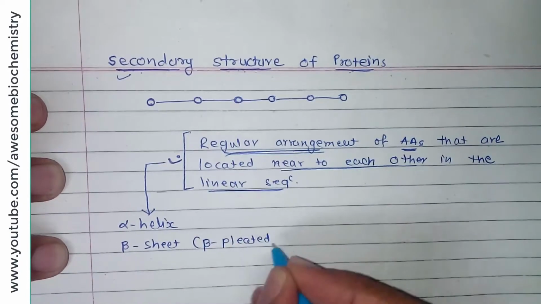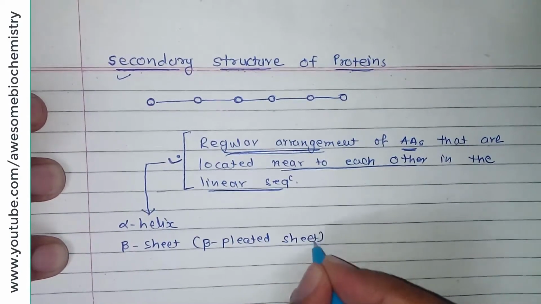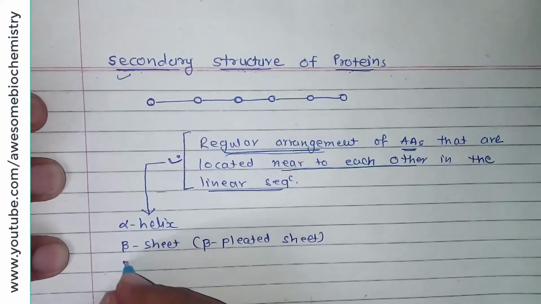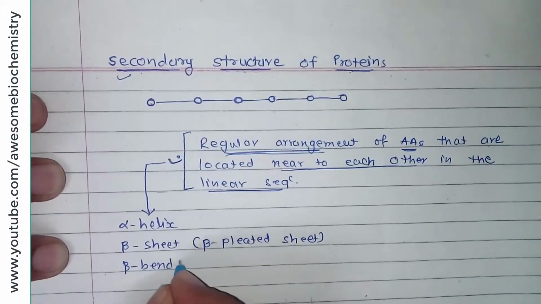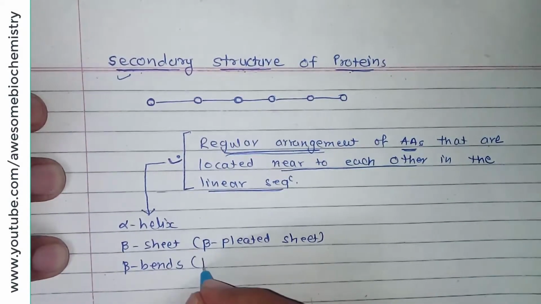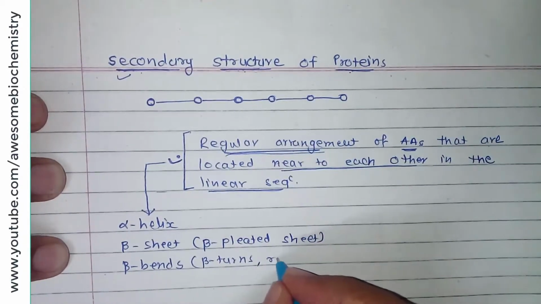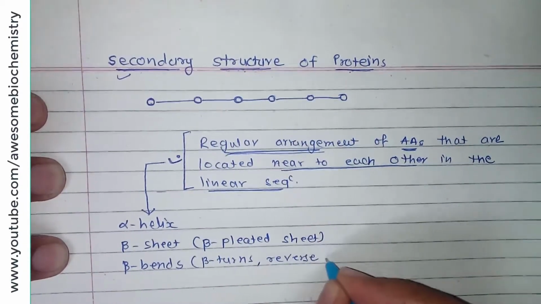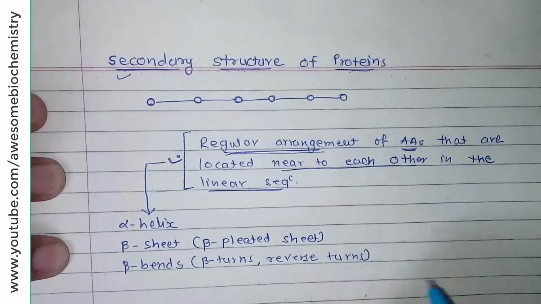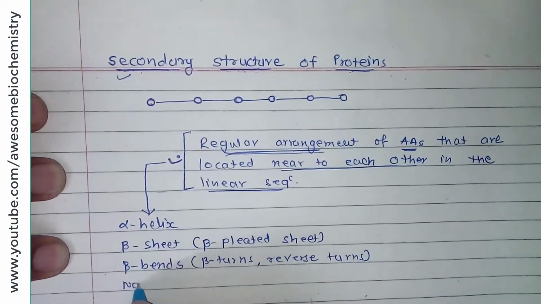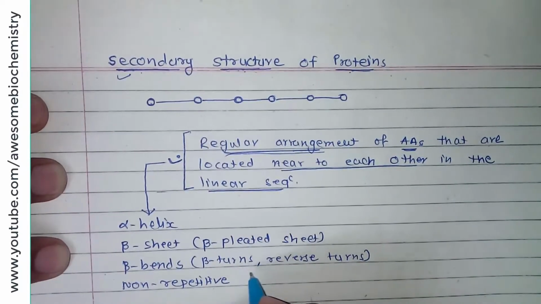The third type is the beta bends, also known as beta turns, or reverse turns. The fourth type is non-repetitive structures, or arrangement.